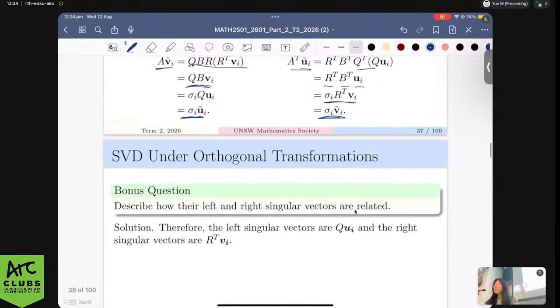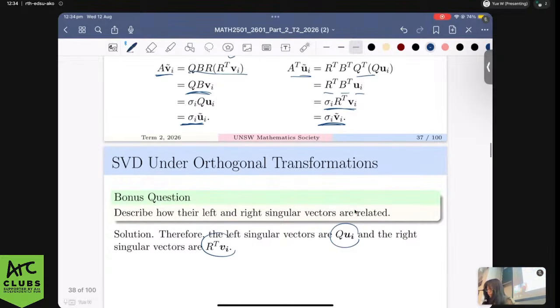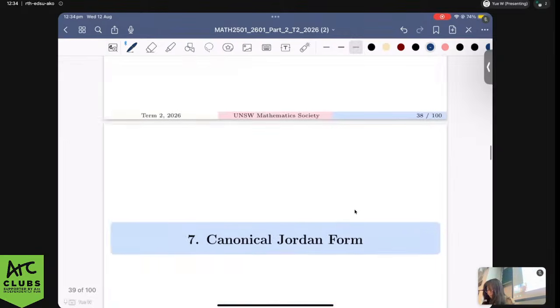So what you can say from these two things is that the left singular vectors are QUi and the right singular vectors are R transpose V. Any questions? Okay, no? I guess we can move on.